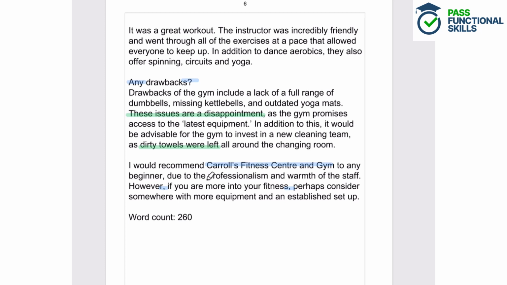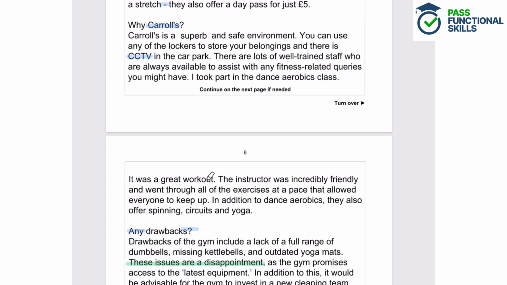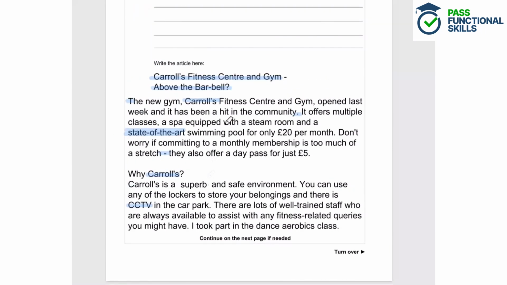We also need to consider the spelling. So your spelling needs to be as accurate as possible, and you should try to use some longer, more specialist words that might be a little bit more tricky to spell. So in this first paragraph here, we have words like equipped, and we've got membership as well. And we've got environment here too.